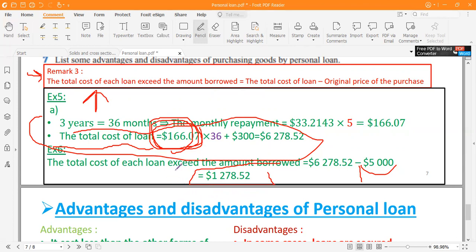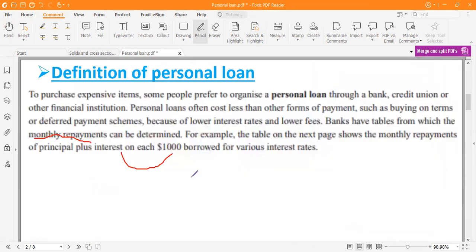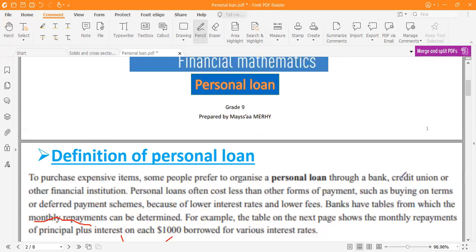Okay, in the last slide we will talk a little bit about the advantages and disadvantages of a personal loan. As advantages, we saw before in the definition of a personal loan that a personal loan often costs less than other forms of payment, such as buying on terms or deferred payment schemes, because of lower interest rates and lower fees.